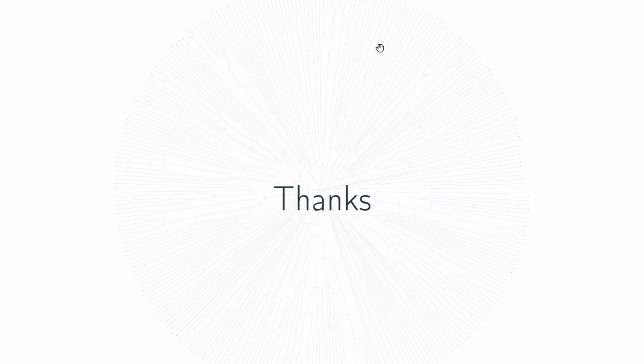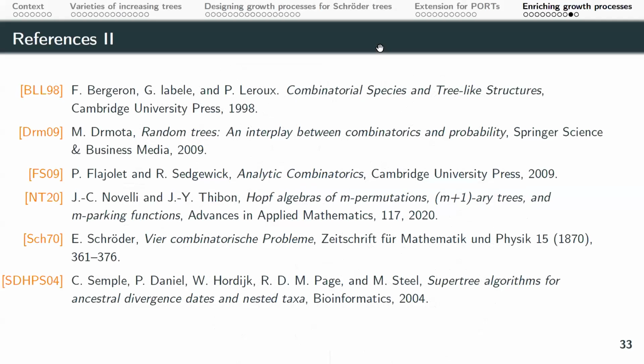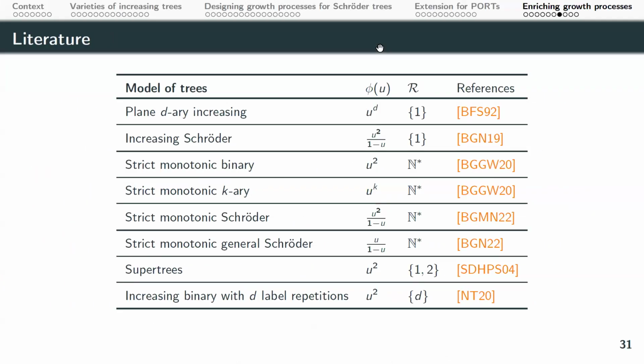Okay, so for some of the models, we have looked at the depth of the tree, and using especially the paper with Cécile, this one with strict monotonic Schroeder trees, using probabilistic method tools, we were able to prove that the tree is of depth log n.